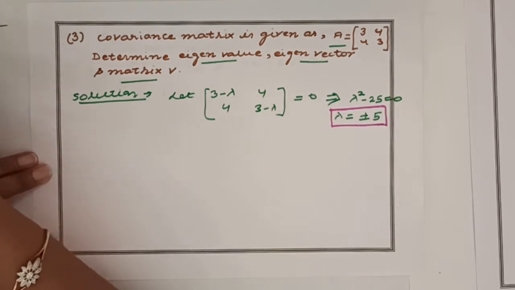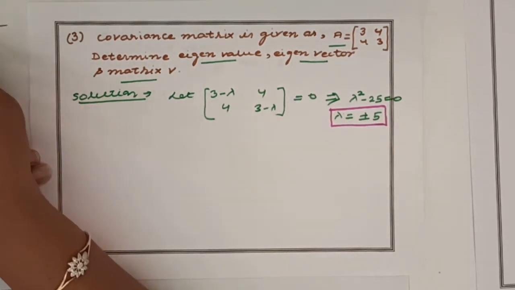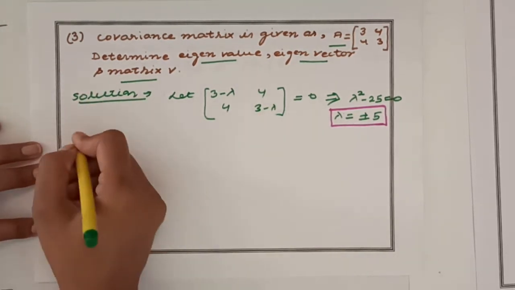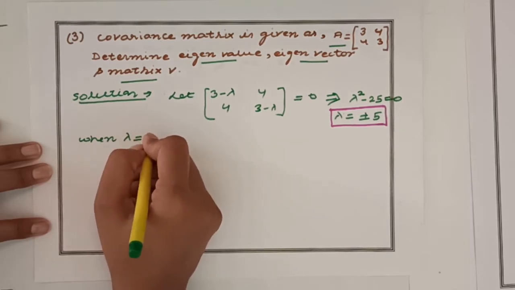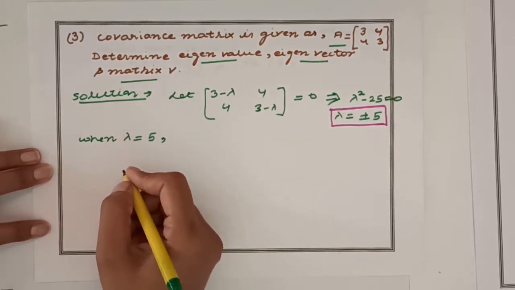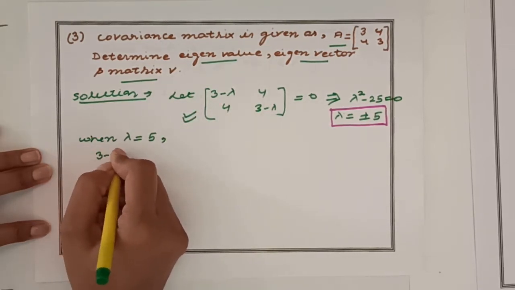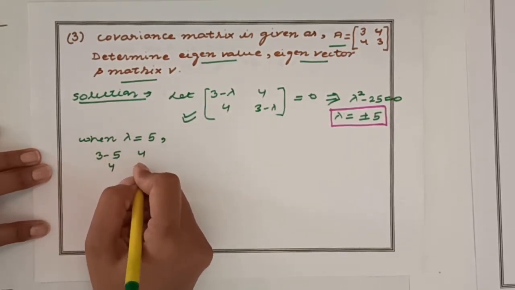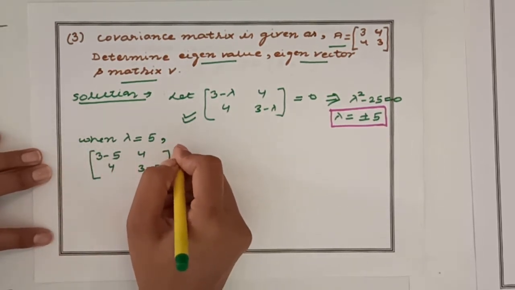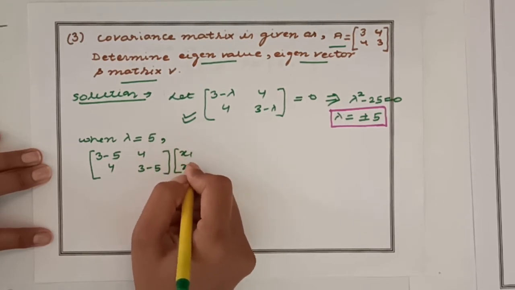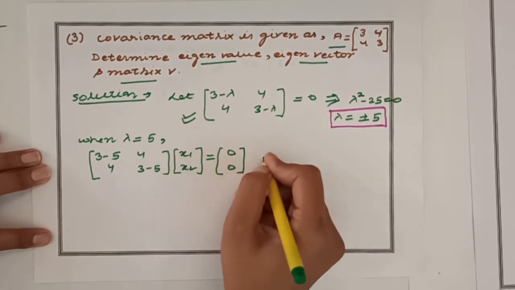So these are the two possible values of lambda, plus 5 and minus 5. Let us solve for the first case. When lambda is equal to 5, then you can write this equation as 3 minus 5, 4, 4, 3 minus 5, and the two coefficients would be x1, x2, this is equal to 0, 0.